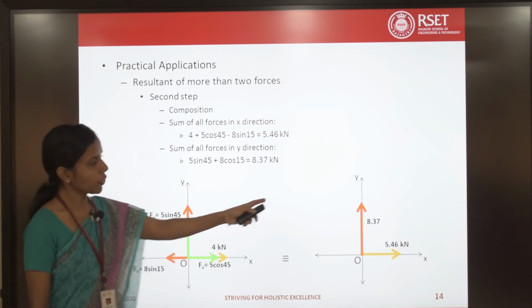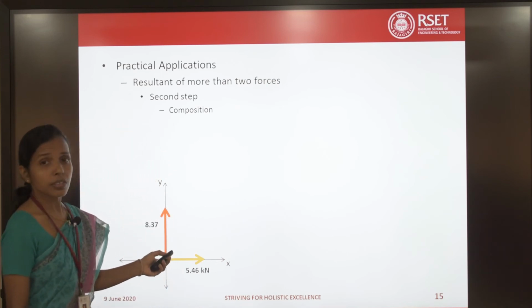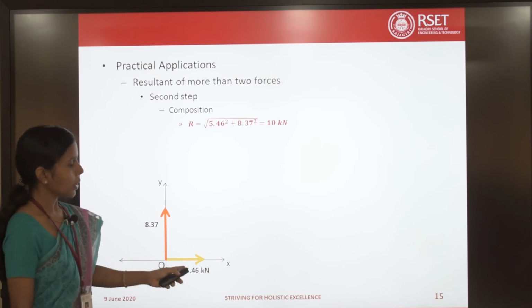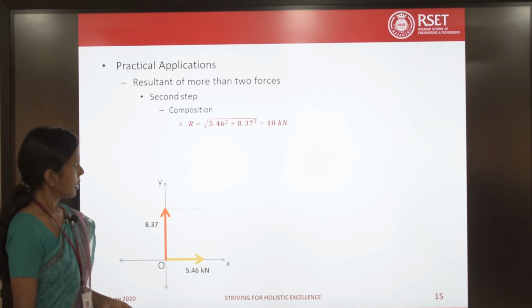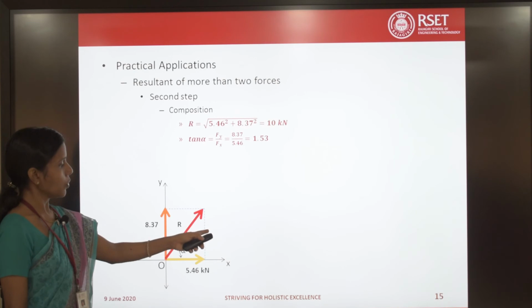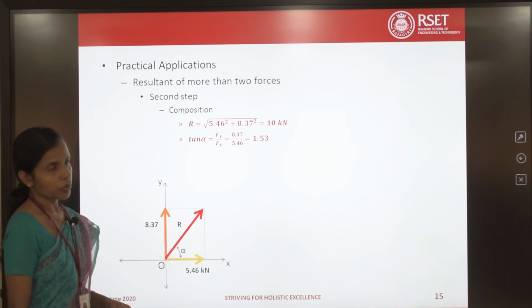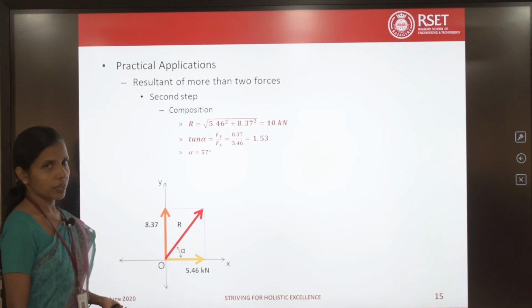Now, if you have these two forces, what is the resultant of these two forces? Square root of Fx squared plus Fy squared, which you will get as 10 kilonewton. That is the resultant. And what about alpha? Tan alpha is equal to Fy by Fx, which is 8.37 divided by 5.46, that is 1.53. You will get alpha as 57 degrees.